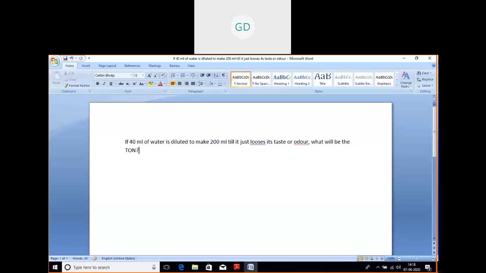Sometimes a 1 mark question like this might come for your exam, or maybe in your GATE exam. Suppose it comes like this: if 40 ml of water is diluted to make 200 ml, till it just loses its taste or odor, what will be the threshold odor number?